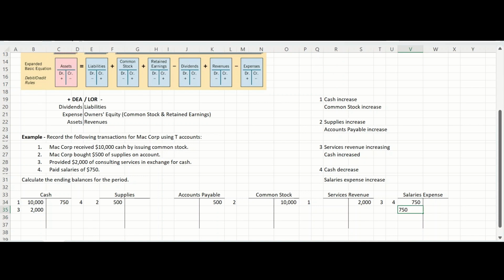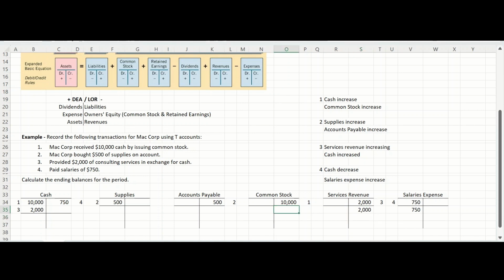So salaries expense has a $750 debit balance because debits are greater than the credits in this account. Right, I've drawn my line across the bottom of all accounts. Next, we'll look at the services revenue account. We have 0 debit and 2,000 credit. So we have a $2,000 credit balance on the services revenue account.